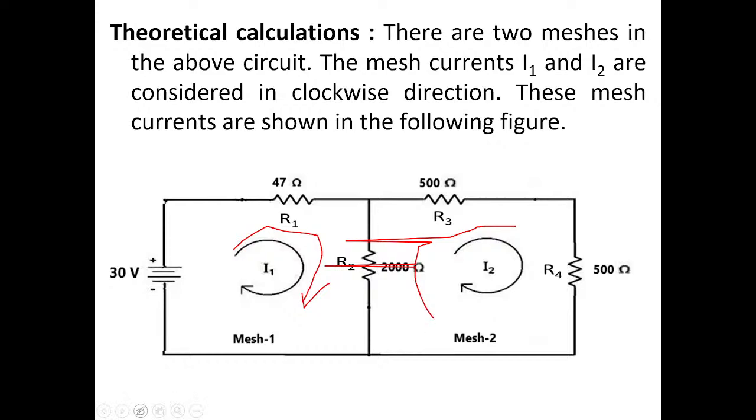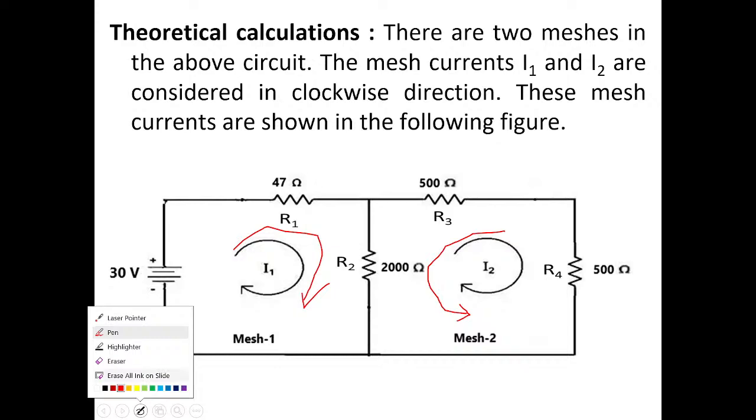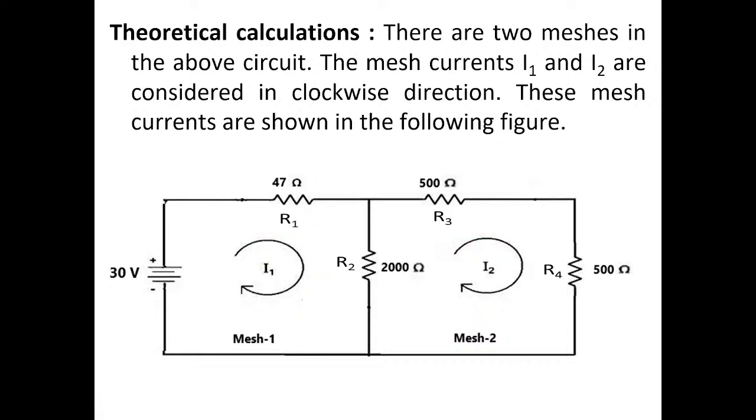You can assume the I2 loop current in anti-clockwise direction, your wish. The loop current directions that we assume here are not mandatory.